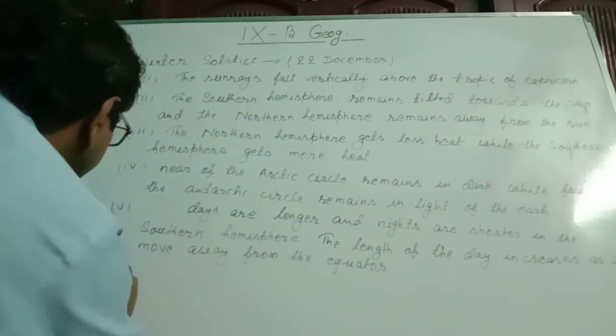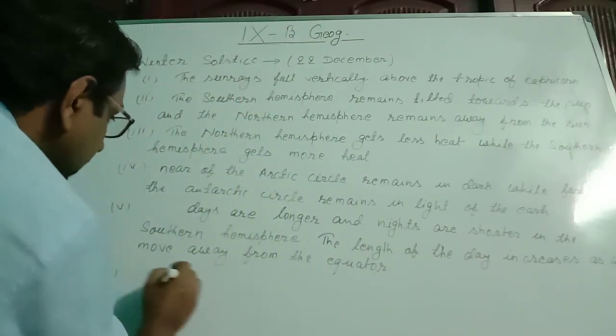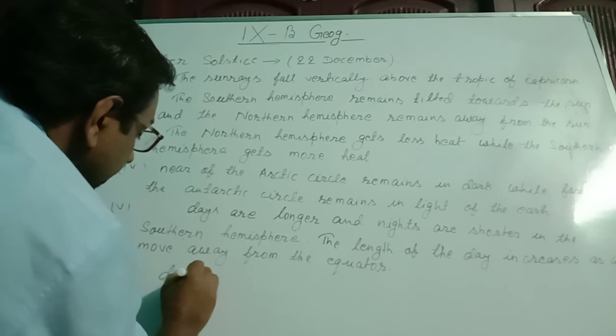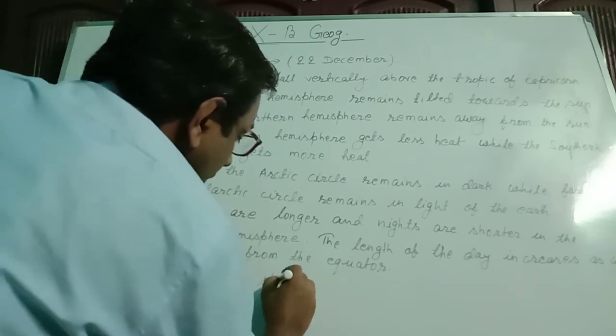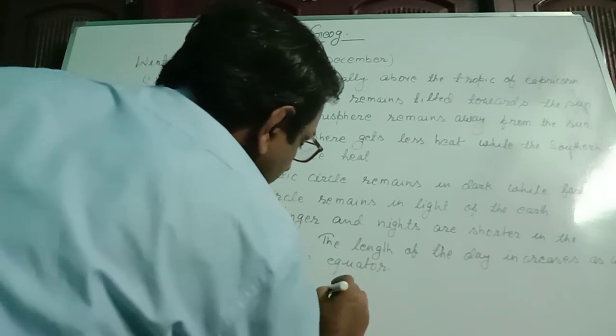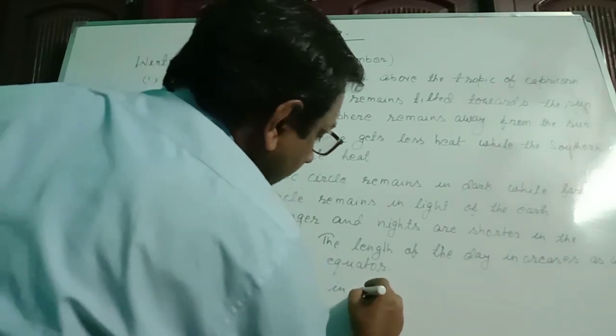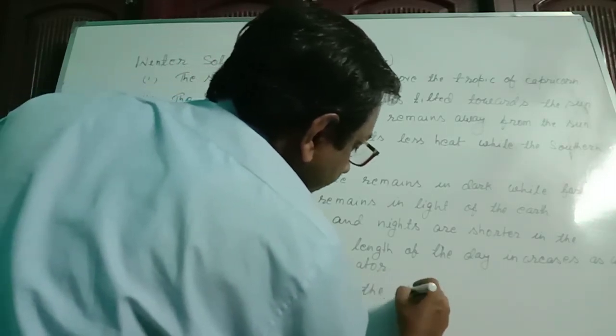And the last, number 6, days are shorter in the northern hemisphere.